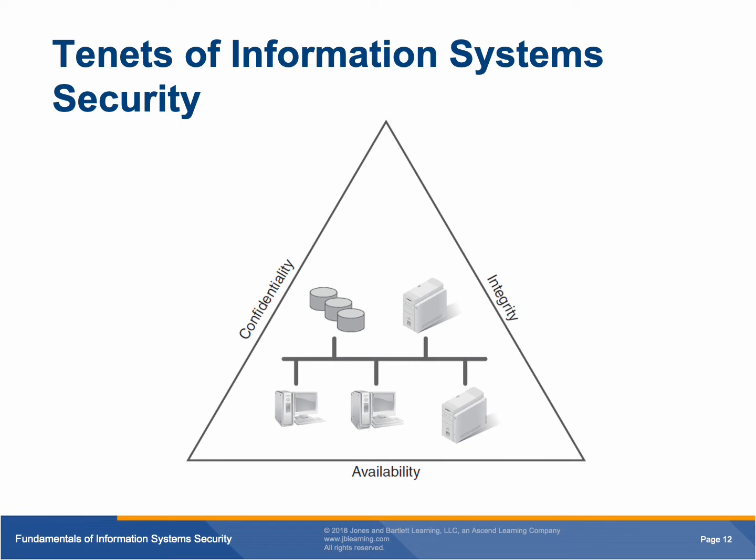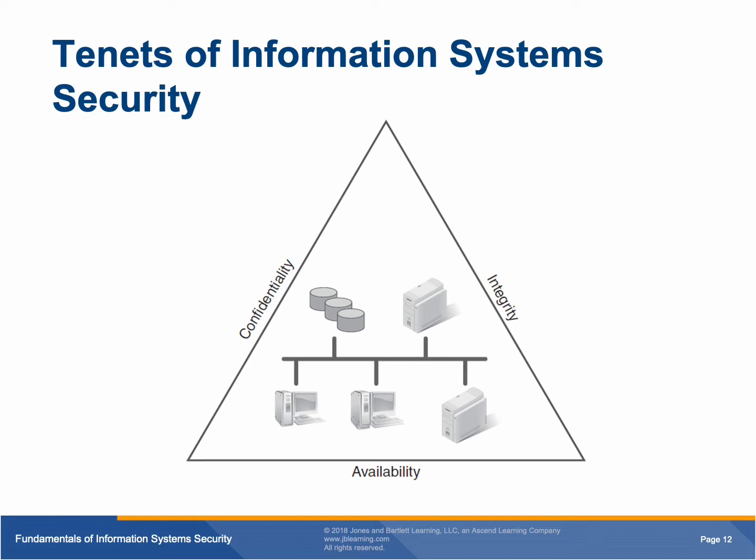So specifically, when we talk about information system security, we often refer to the CIA, the three tenets of information security: confidentiality, integrity, and availability. When we're talking about exposure to risk, we often look at it in relation to those three elements.